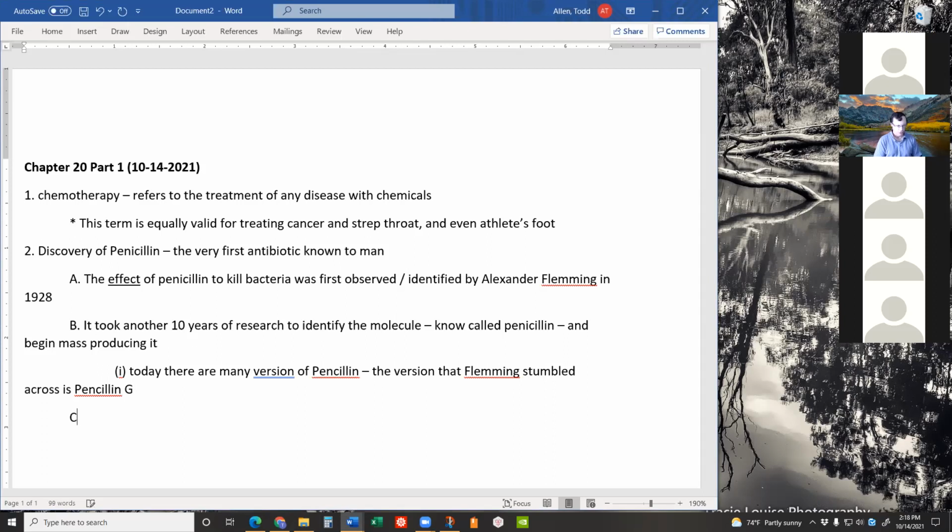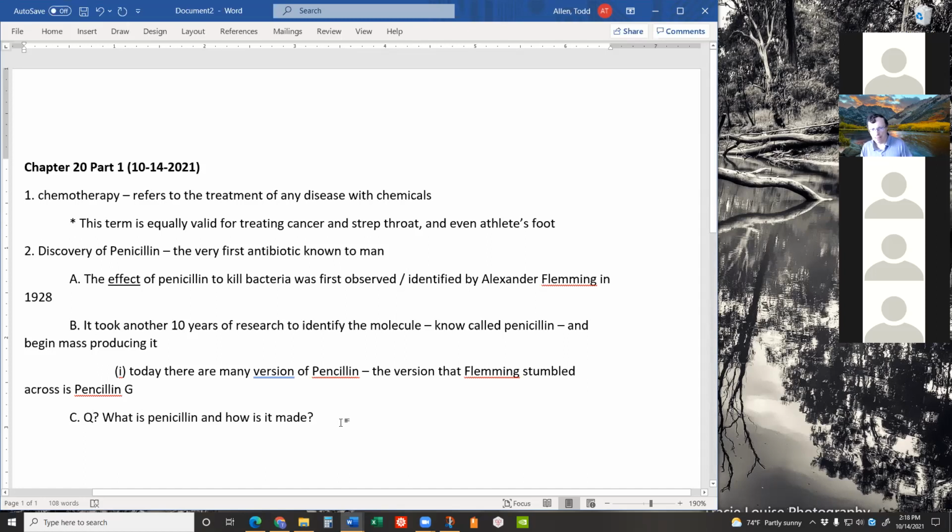The point of it here is that penicillin is a molecule. Now, if we ask ourselves, what is penicillin and how is it made? The honest answer is this. Here's point C, and I'm going to make it a question: what is penicillin and how is it made?